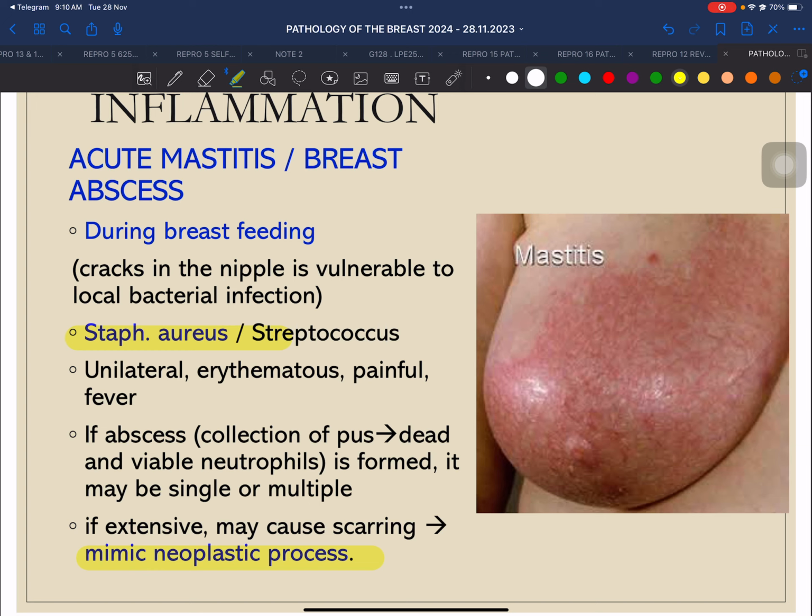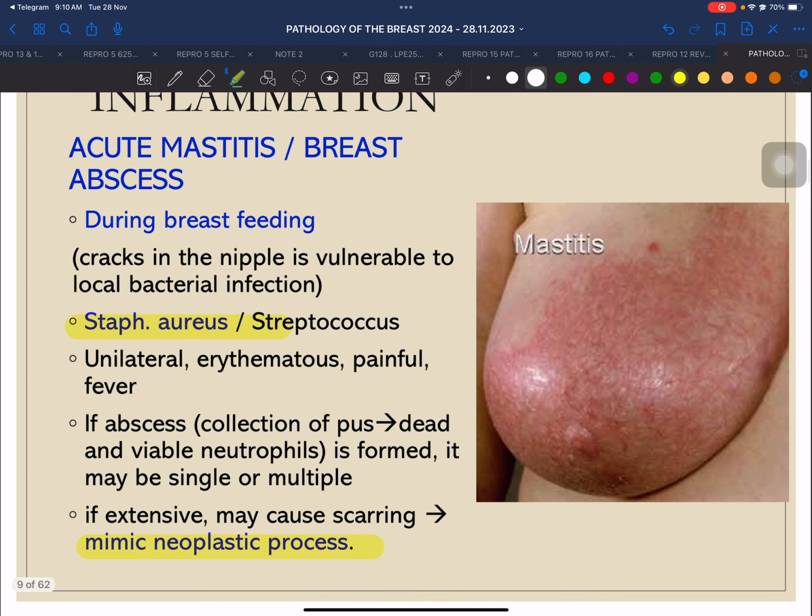It can be unilateral, with all the skin changes of inflammation: erythema, swelling, pain, tenderness, and the patient may have fever. If this progresses further, it may form an abscess, multiple or single. If it is quite extensive, it may cause scarring and mimic a neoplastic process, because it forms an irregular, hard and firm mass.